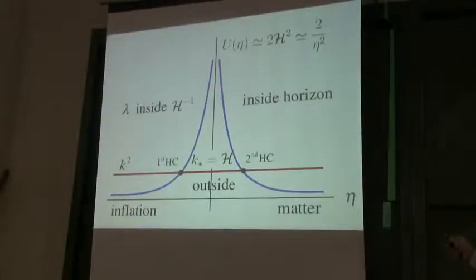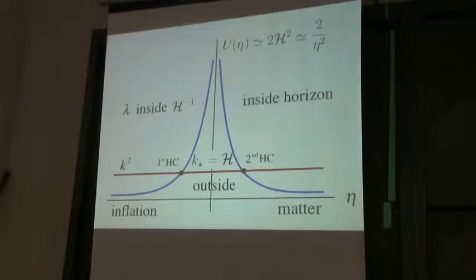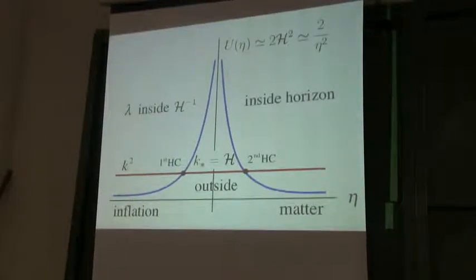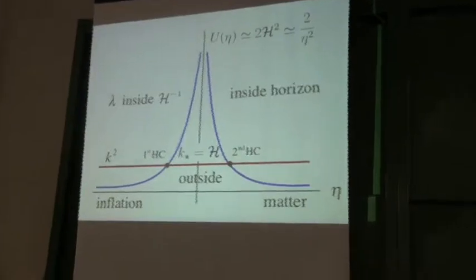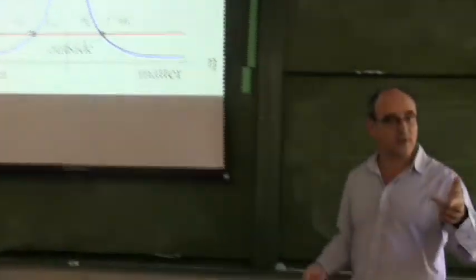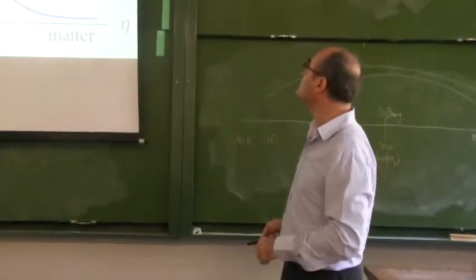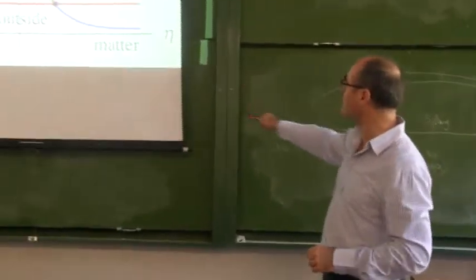The matter era also has a potential which goes like 2 over eta squared. You can work that out from the same equation, with the constants, and you know how the scale factor grows with conformal time in matter, like eta squared. Solve that, and that gives exactly 2 over eta squared. So this is a symmetric potential.